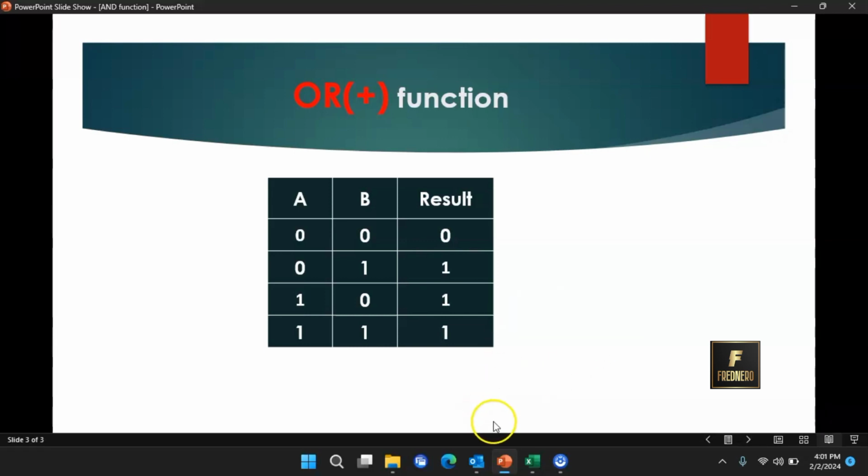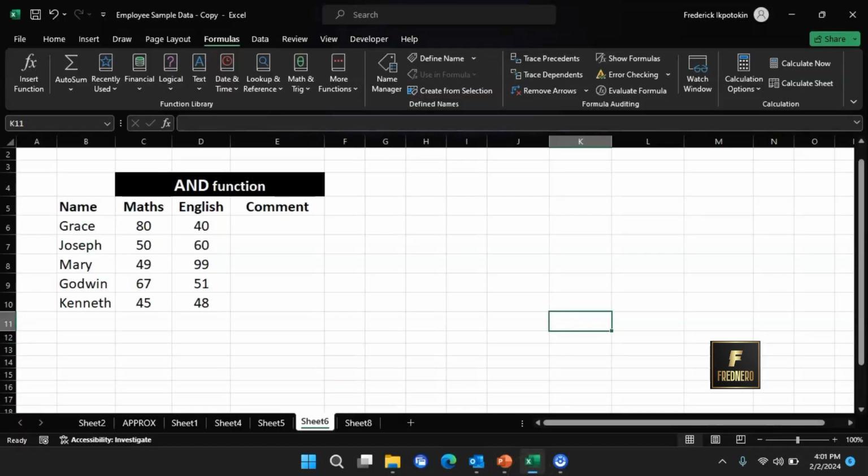Now we're going to be practicalizing this on Microsoft Excel. This is the AND statement. Now, I want to use the formula. Always remember to start with your equal sign.